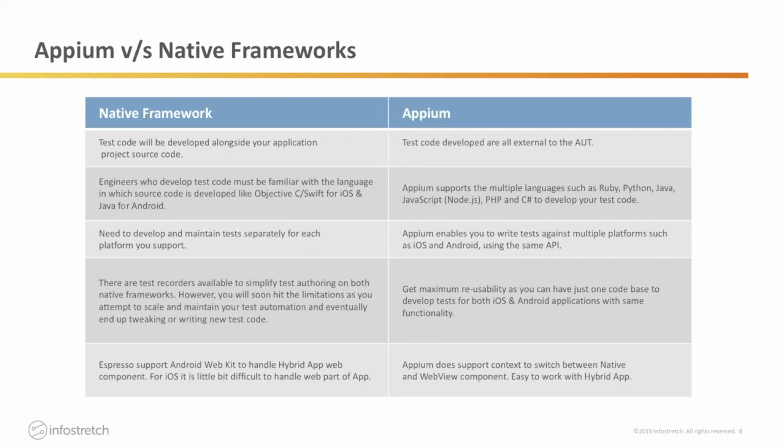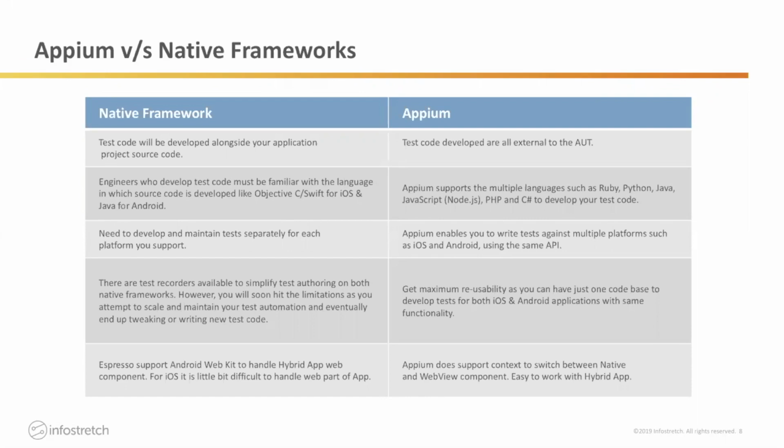So the conclusion here is that there is no one size fits all solution when selecting a framework. Leveraging native frameworks for unit and UI tests with some mock data, and Appium for end-to-end testing to mimic end user behavior, can be an ideal combination.